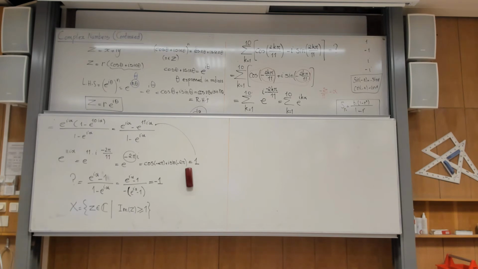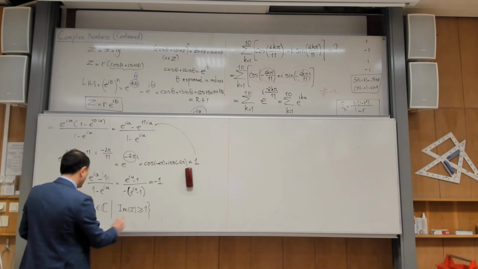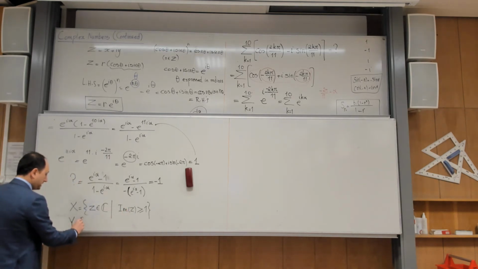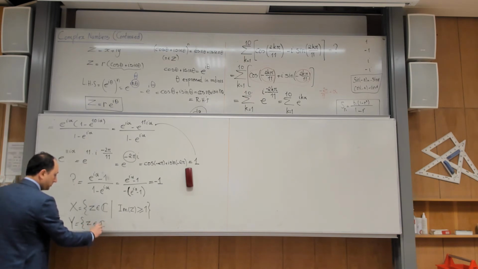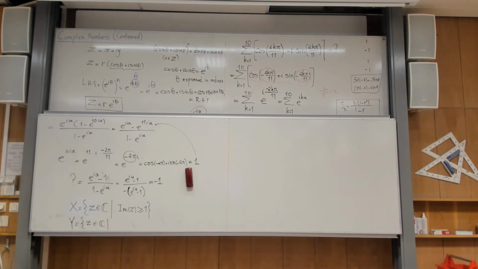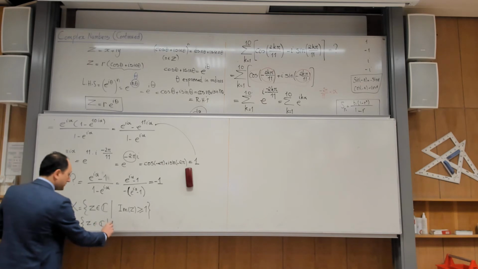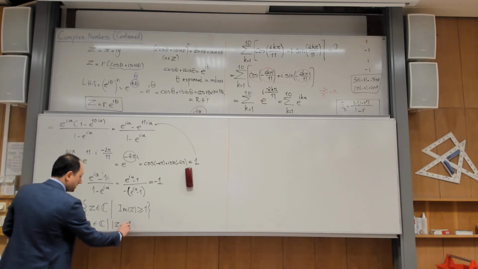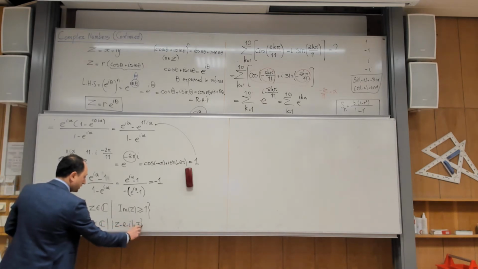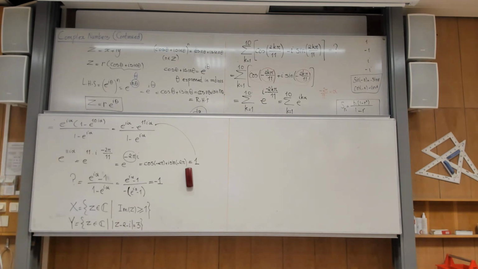And then another one is defined like this. Y is the set of all complex numbers with this property, that the absolute value of z minus 2 minus i is equal to 3. Yes?